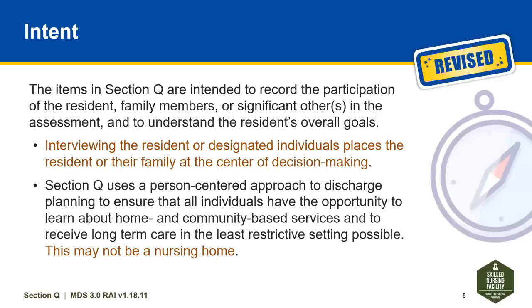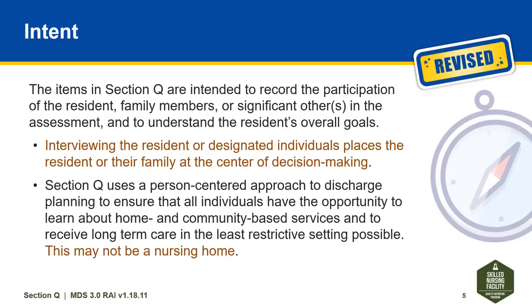The items in Section Q are intended to record the participation of the resident, family members, or significant others in the assessment, and to understand the resident's overall goals. Interviewing the resident or designated individuals places the resident or their family at the center of decision-making.